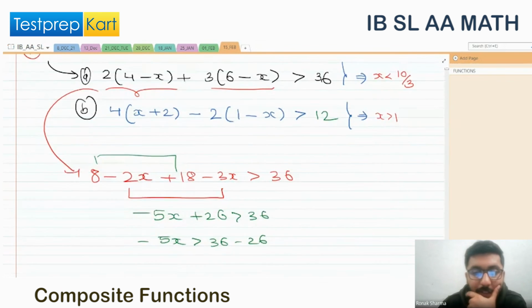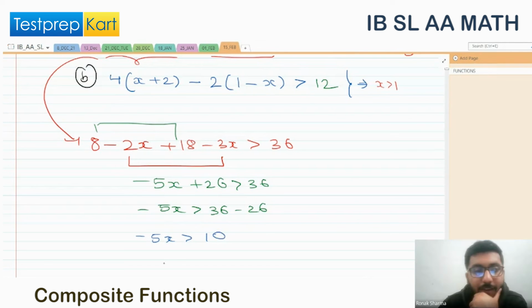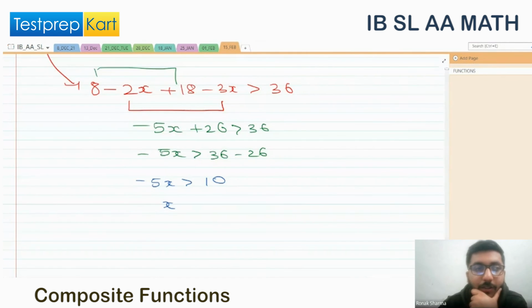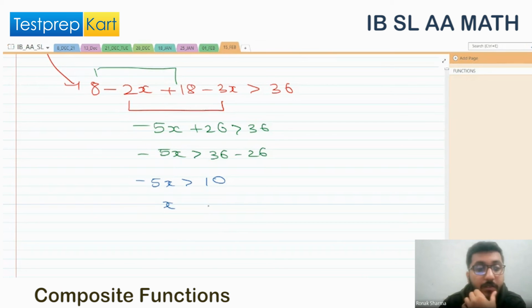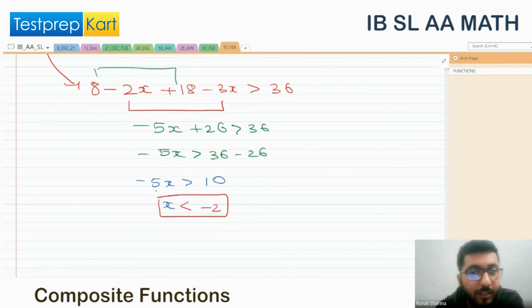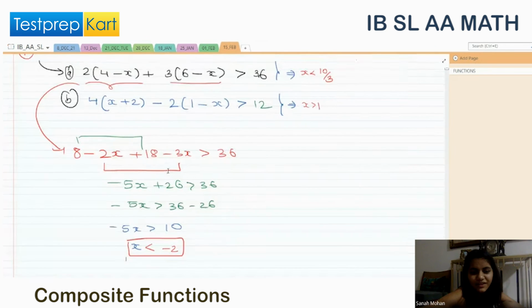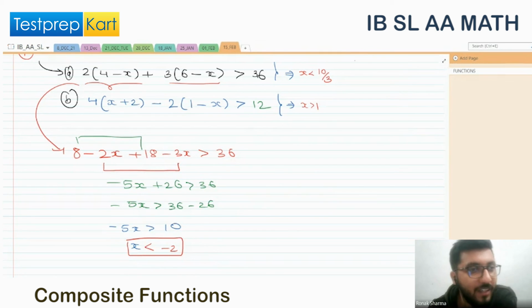What is 36 minus 26? 10. And if I divide with minus 5, what will I get on the right hand side? Minus 2. Should I change the sign? Yes. This is your answer. Why did you get 10 by 3? You messed up the minus 2x and the minus 3x. Okay, come on, we cannot be careless with such silly mistakes.